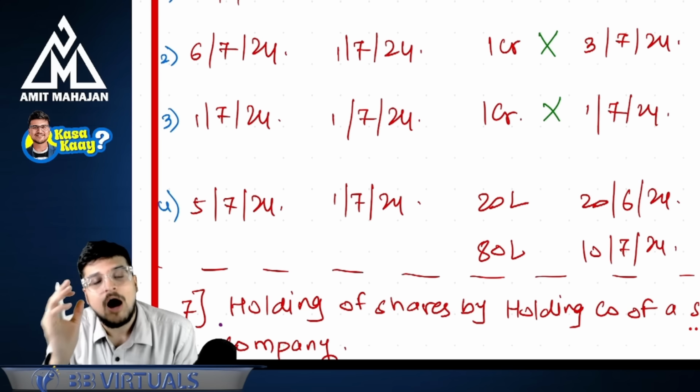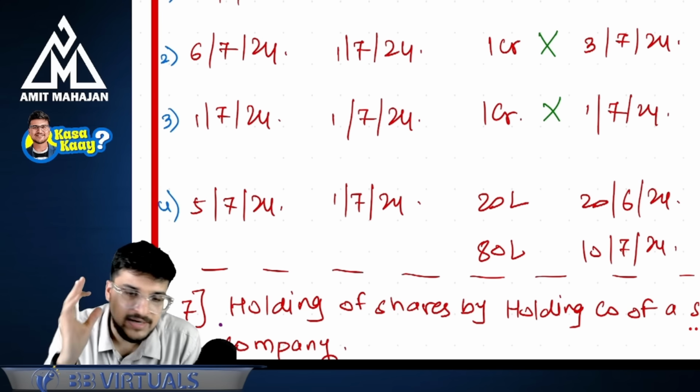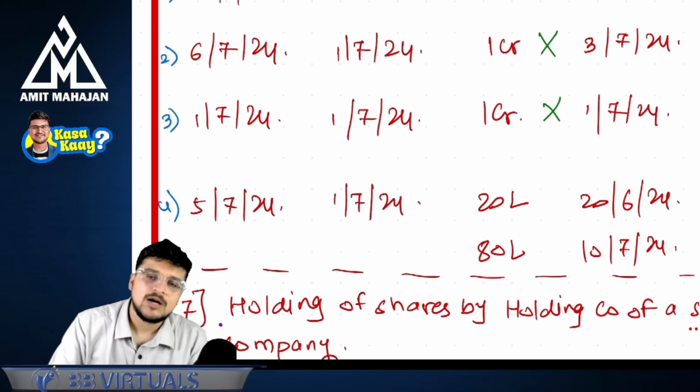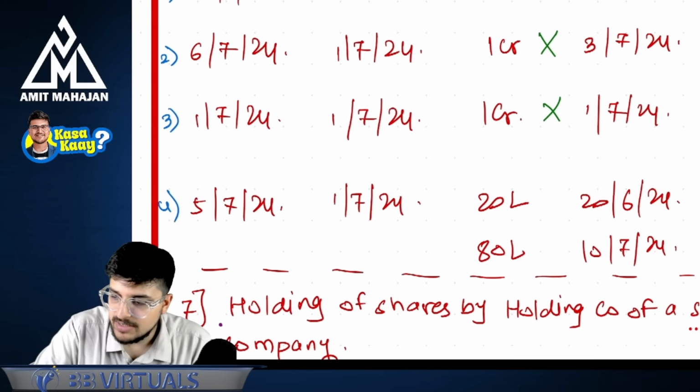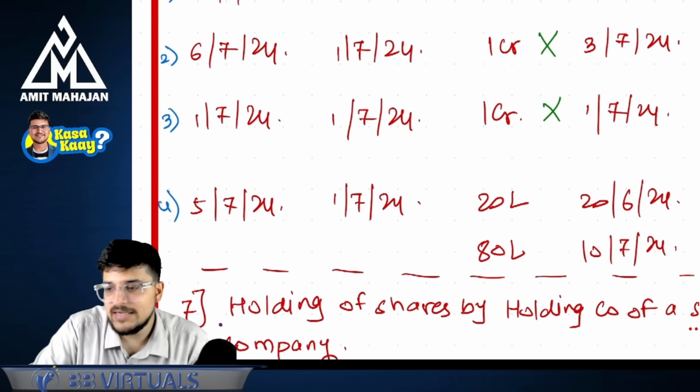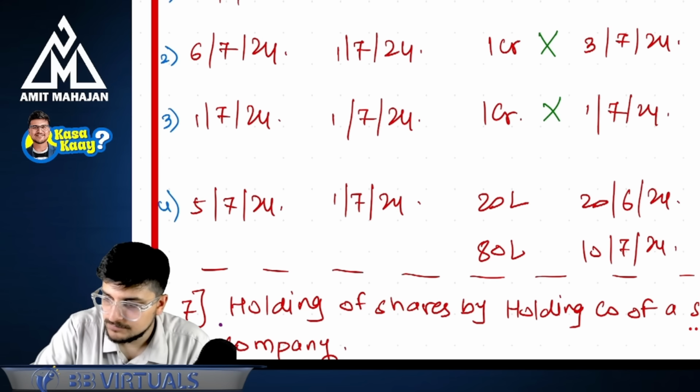How much amount should be taxable under GST? 20 lakhs, 80 lakhs, or 1 crore? Think about it.